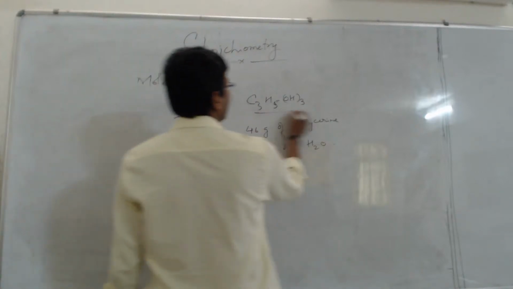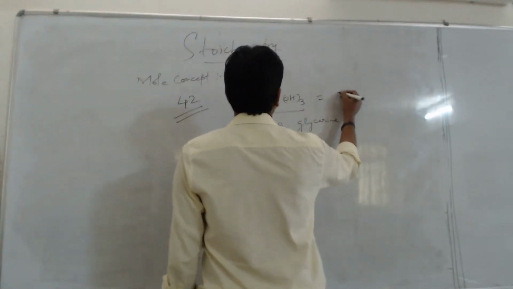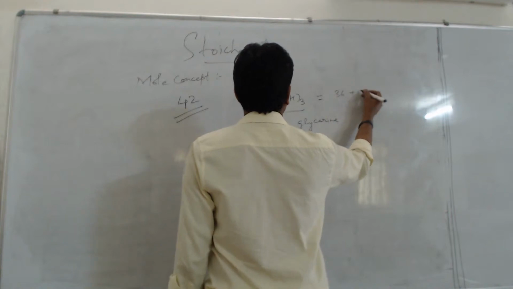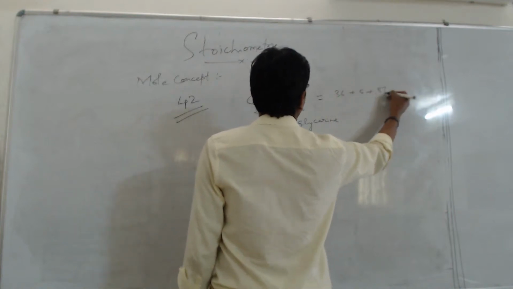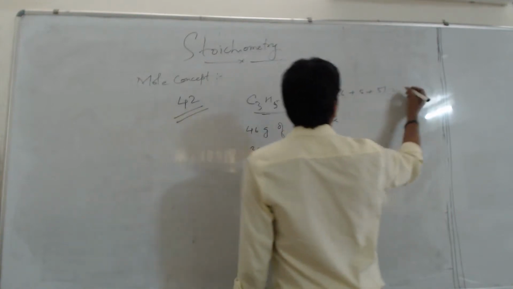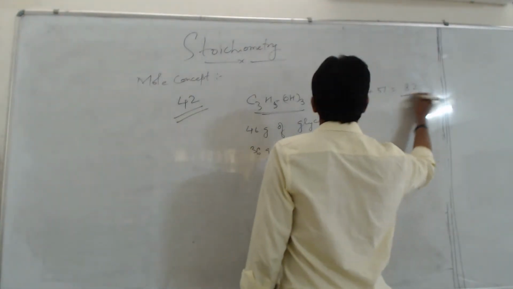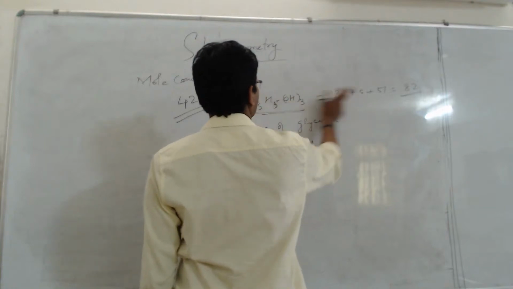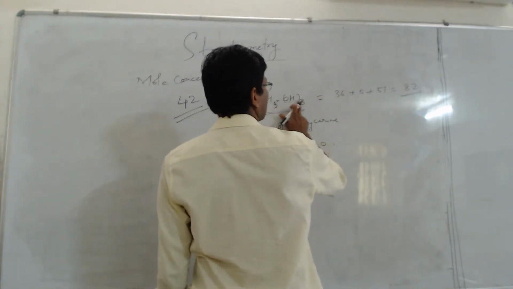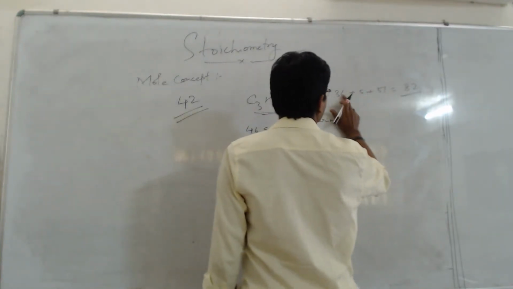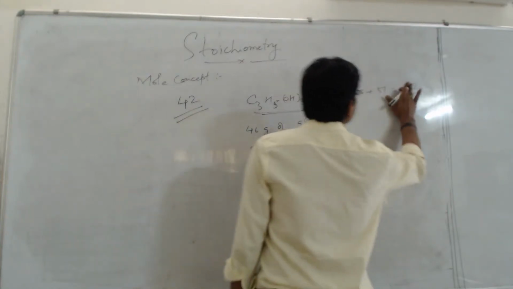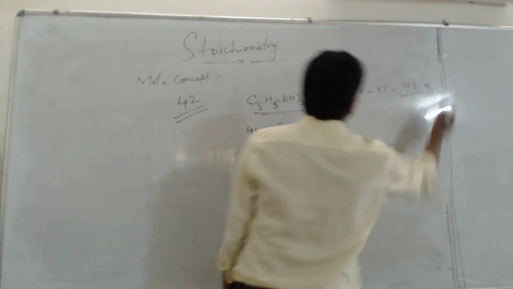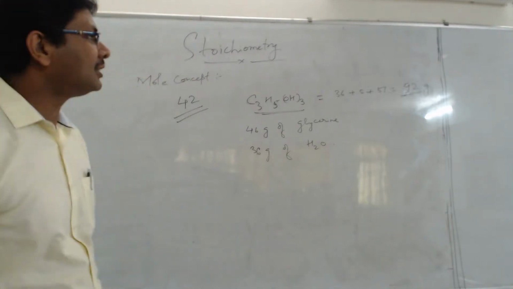First we have to find the molecular mass of glycerine. It is 92. So the molar mass of glycerine is 92.